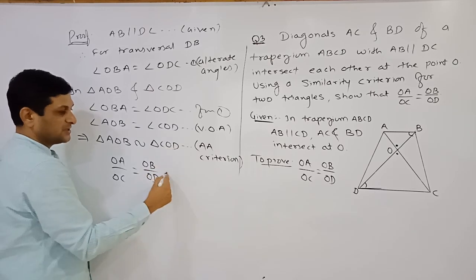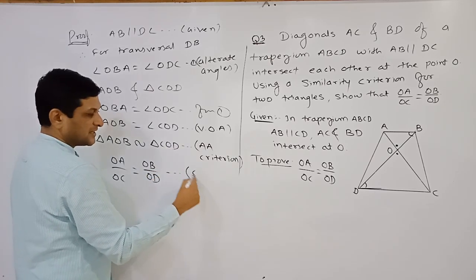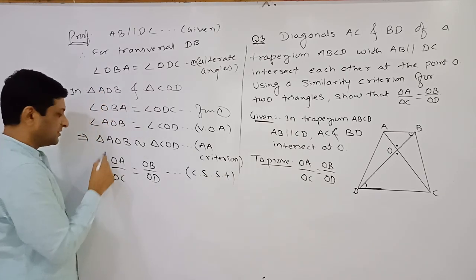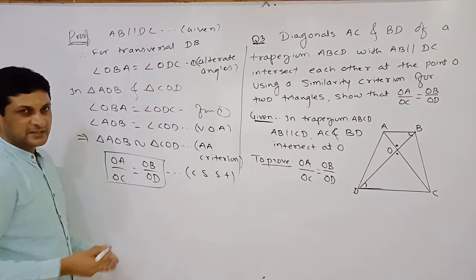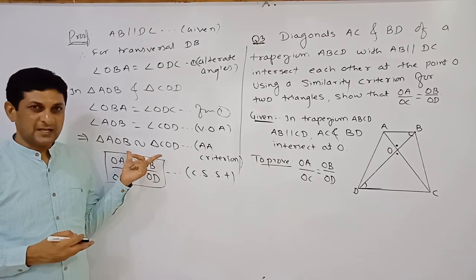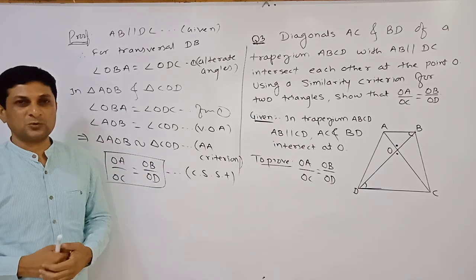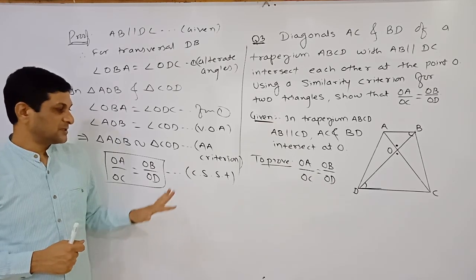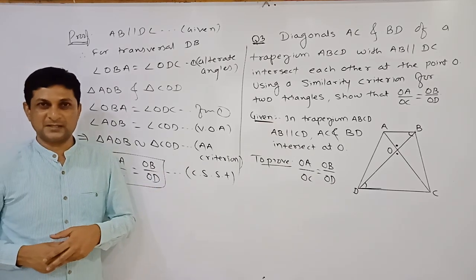OD. So we can say that these are the corresponding sides of similar triangles. In this way we have got our required result. We have shown that these two triangles are similar, and we know that if two triangles are similar, corresponding sides are in proportion. So hence we have got our required result.